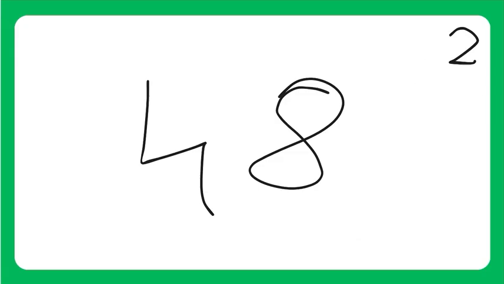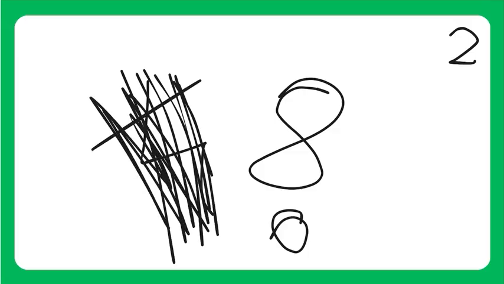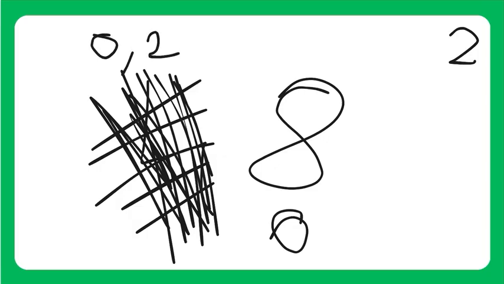So when you have 2, you have to forget the number before the ones place. This is the ones place. You have to forget everything before it. So remove this. Don't think about it. Now in the ones place, our number is 8. If the number is 0, 2, 4, 6 or 8, then the whole number, 48, not just 8, 48 is going to be divisible by 2.